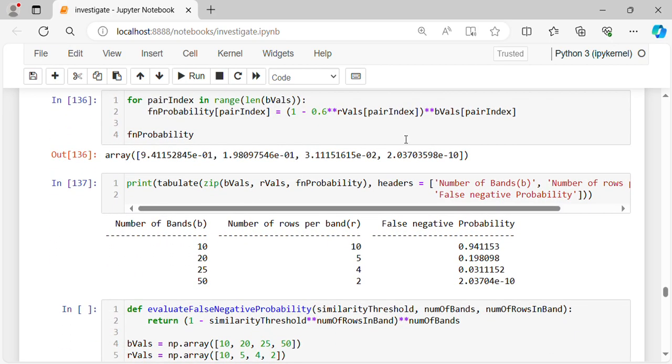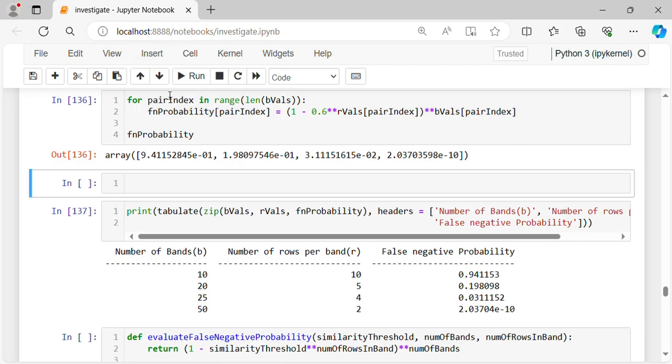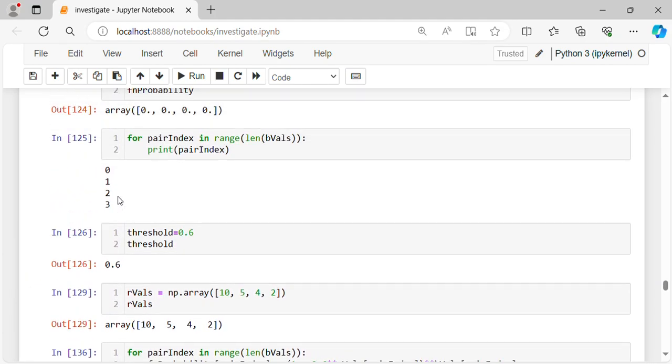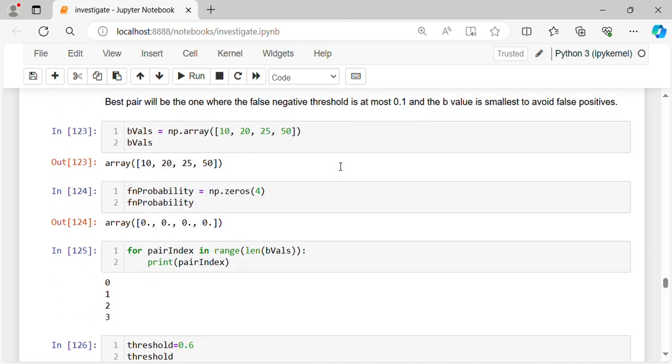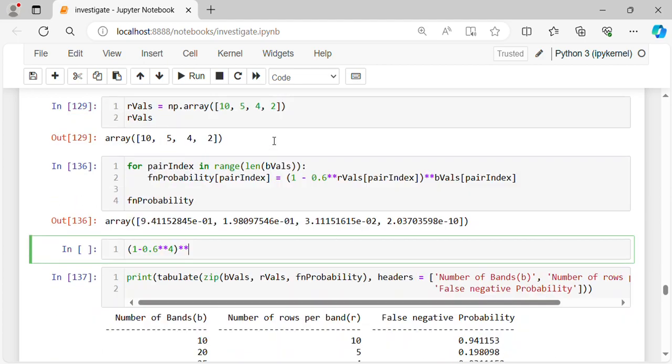Now, I will just show you what happens. That will be 1 minus 0.6 to the power R values in position 2, which is 4, and everything raised to the power B values at pair index, so B values at position 2, that's 25.